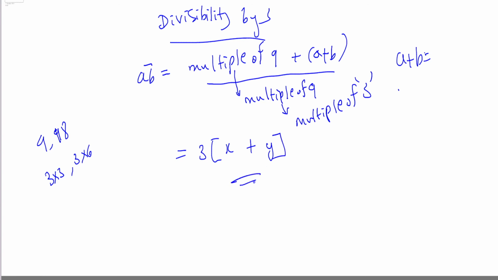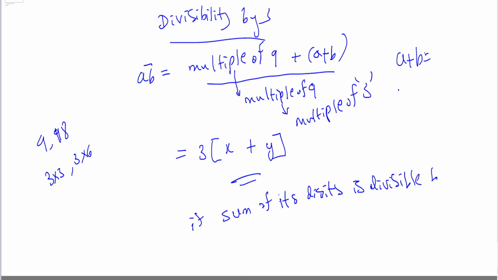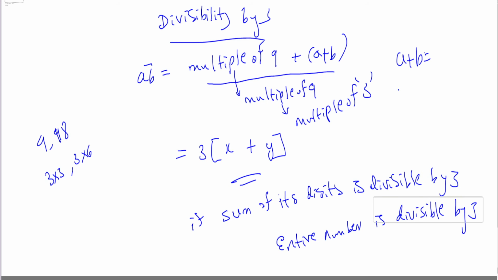Okay, here also, if the sum of digits is divisible by 3, then the entire number is divisible by 3. Only thing. Okay, this is all.